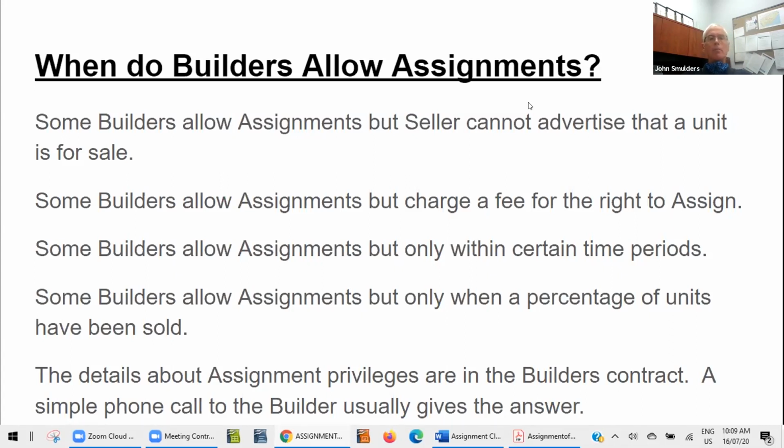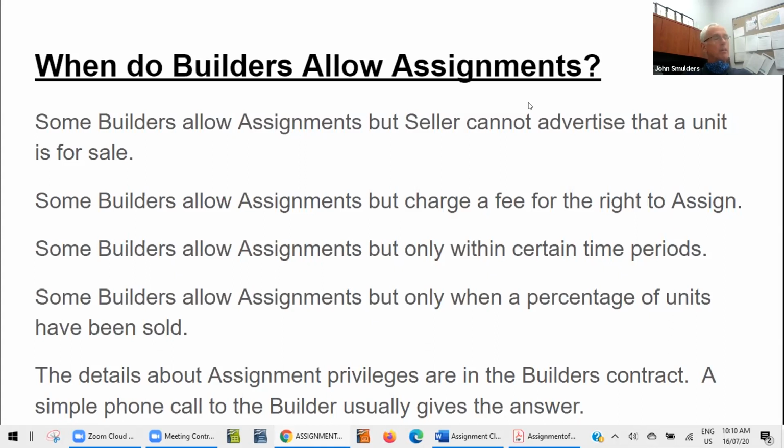Some builders allow assignments, but only within certain time periods. So some builders will allow assignments, but only within 30 days of a completion date. They do that because then they sort of guarantee themselves that all the units have been sold. So, you know, a new project starts today in 2020.